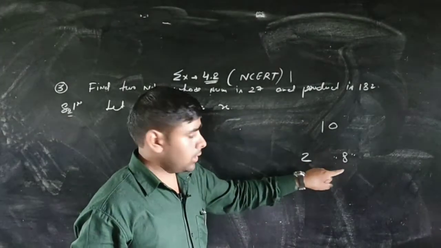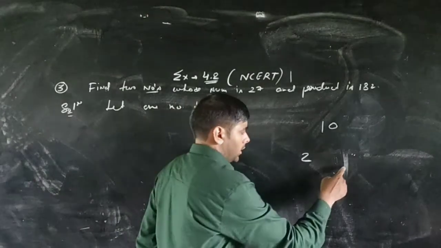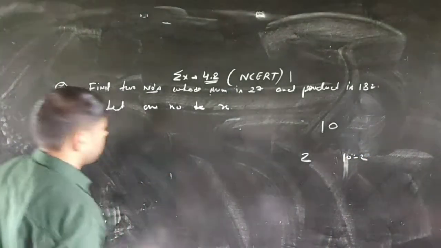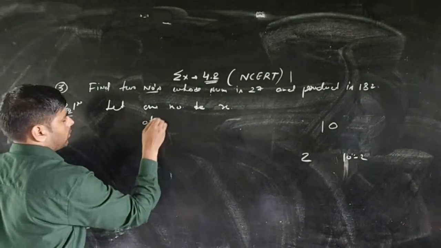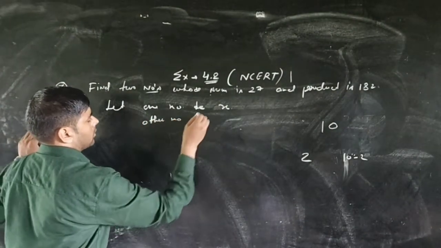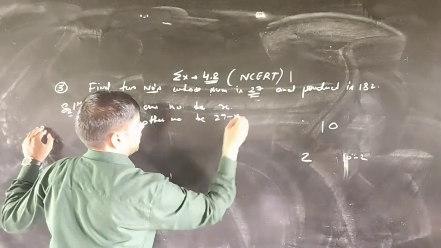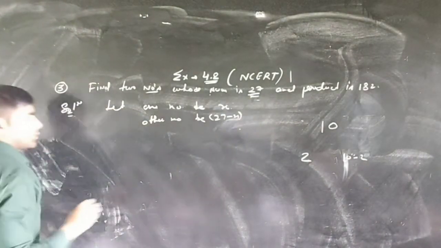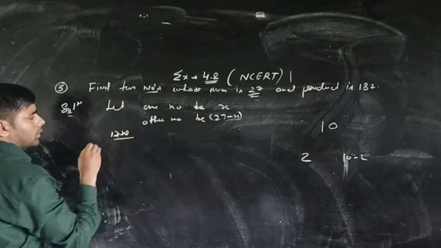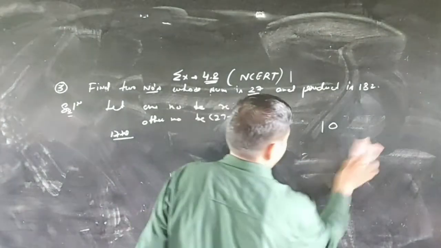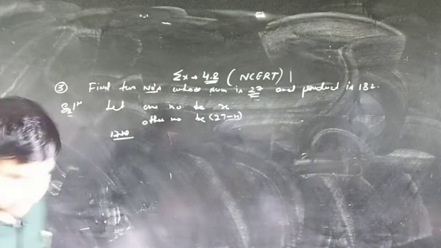How can we find this? We can find this 8 as 10 minus 2. If one number is x, then the other number, since the sum is 27, is 27 minus x. According to the question, the product of the two numbers is 182.